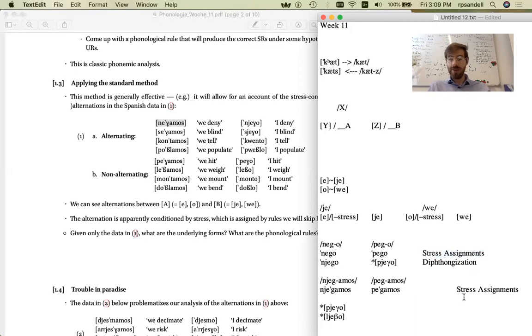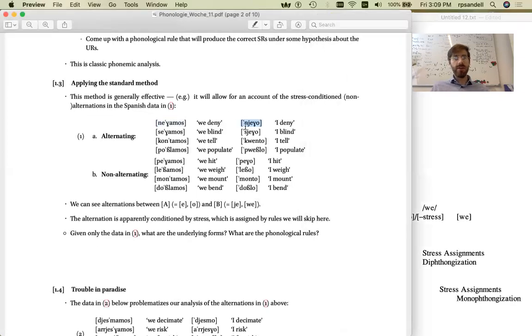And now if we instead assume a monophthongization process, which takes a diphthong ye or we and converts it into a or o respectively, then we can obtain the desired outcomes. So in the first case here, the diphthong would remain because it's under the stress, but here it becomes monophthongized. And here, since we have an underlying monophthong all the time, monophthongization won't affect it.